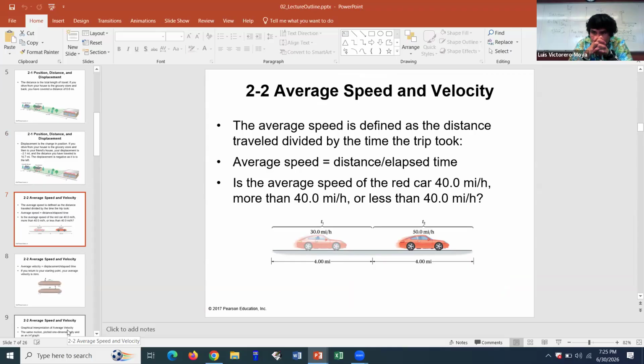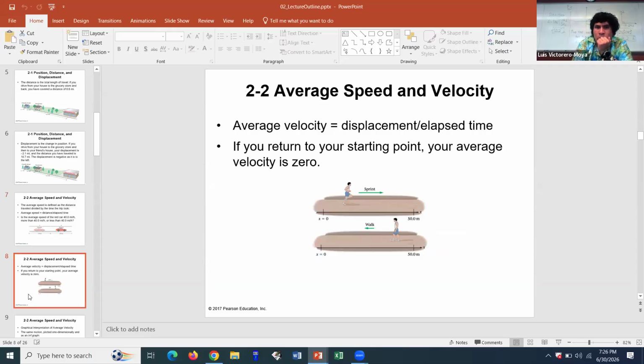Like I said, speed is related to distance and time. Okay, so the average speed is distance traveled over time. Okay. What about displacement? Or what about velocity? Velocity is displacement over time.